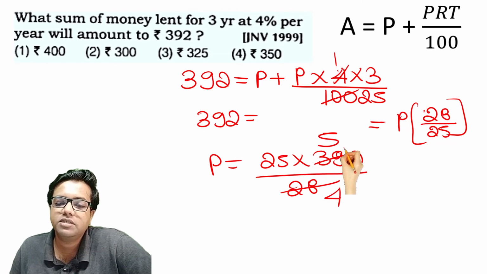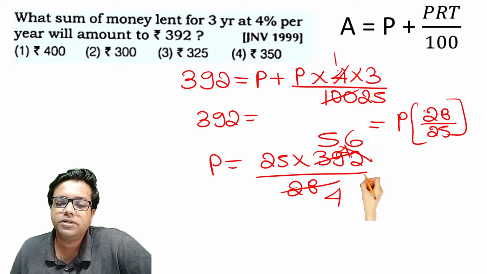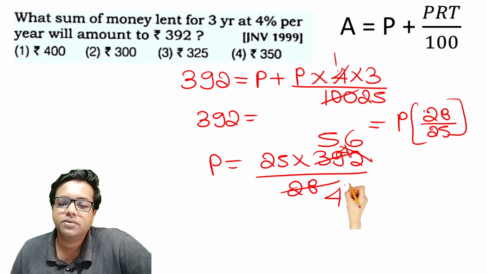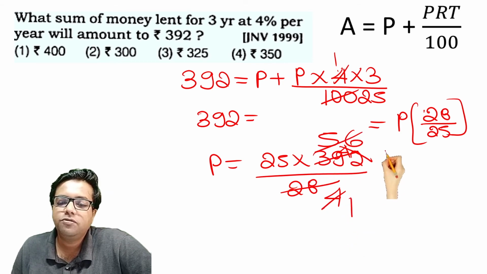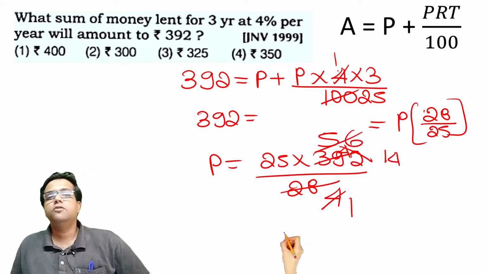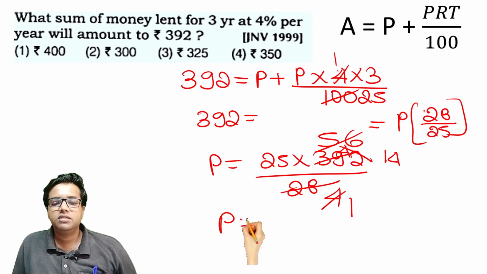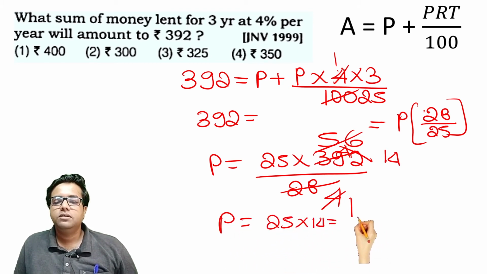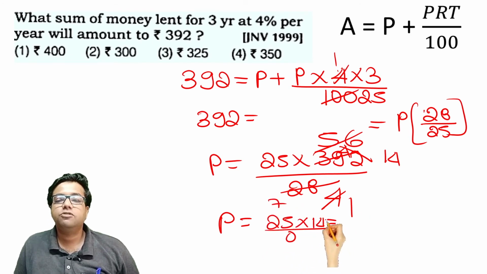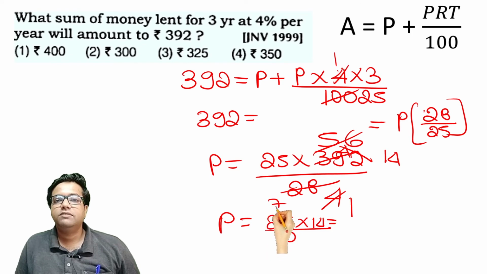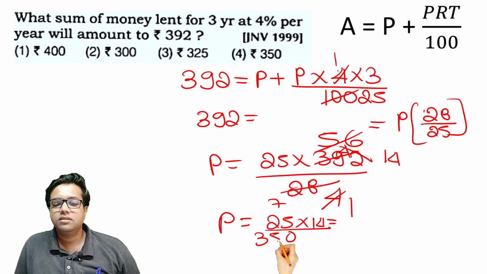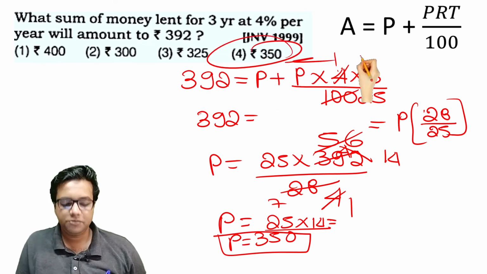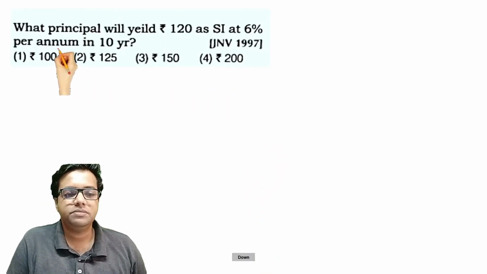Now how much remains? 4 remains. 7 6s is 42. 4 1 is 4. 4 14s is 56. So principal is equal to 25 into 14, which will give you 14 5s is 70, 7 carry over, 14 2s is 28, 28 plus 7 will leave you 35. The principal will be equal to 350. Option 4 is the right answer for this question.